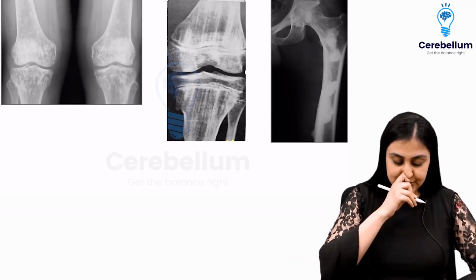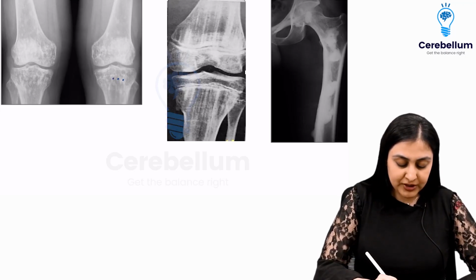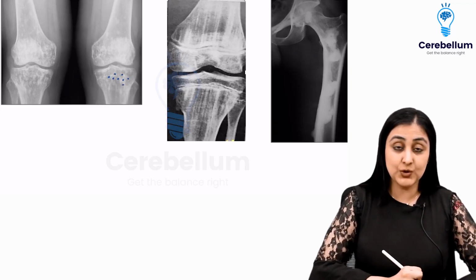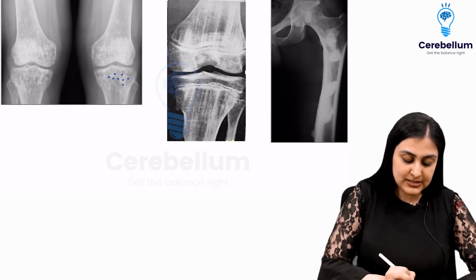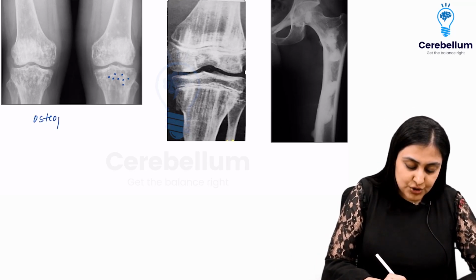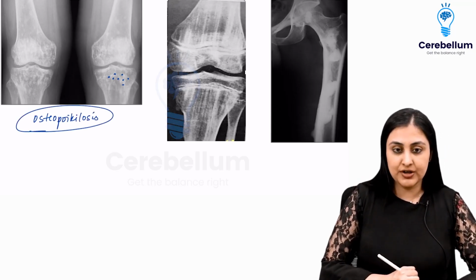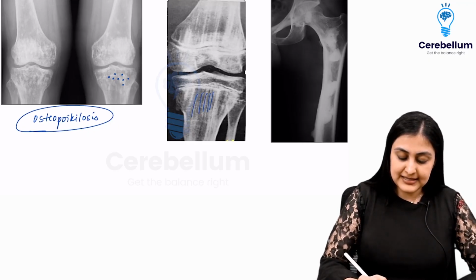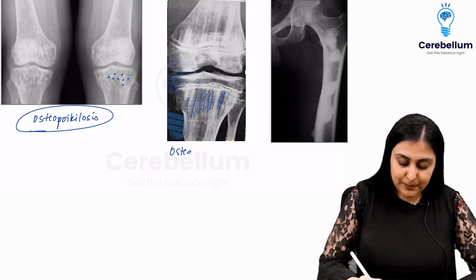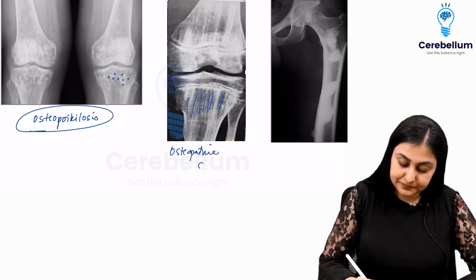Okay. So in the first one, you can see these white dots, sclerotic dots within the patient's bones. This is called osteopoikilosis. Again, you just got to reassure. When you have these lines here, that is osteopathia striata.